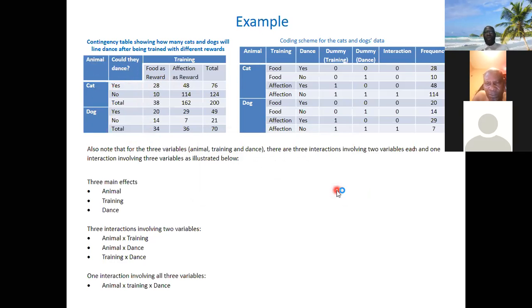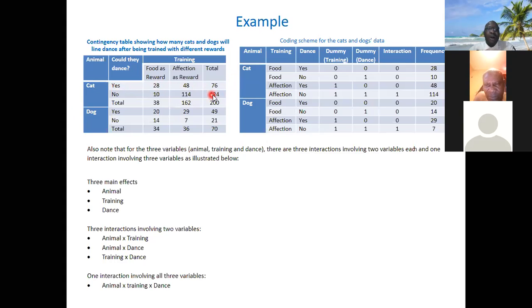If you look at it now, the total number of cats is 200, dogs is 70. How many cats could dance? 76.